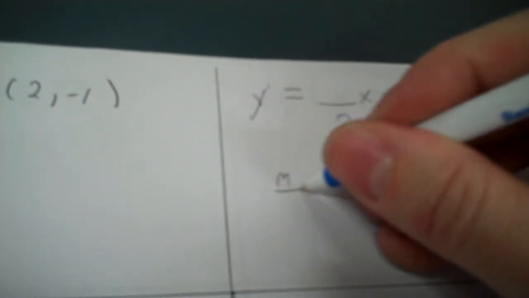Okay, moving right along. So m b. Remember, m is the slope, b is the y-intercept.